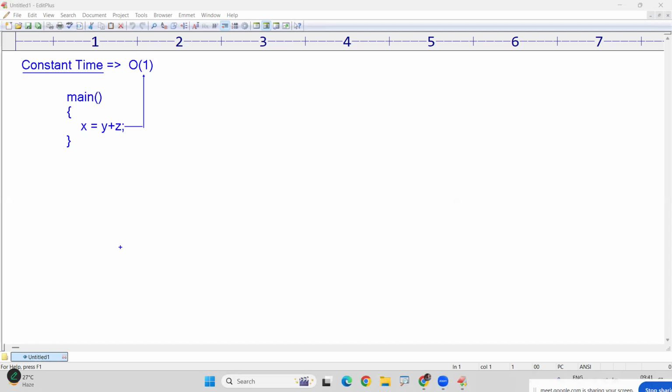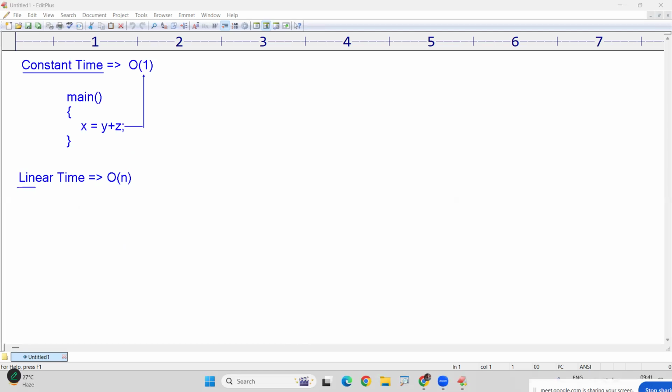The next one is linear time, for example the linear search algorithm. Linear search takes n times.